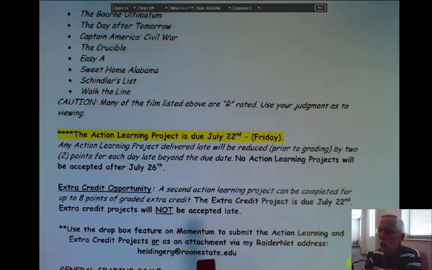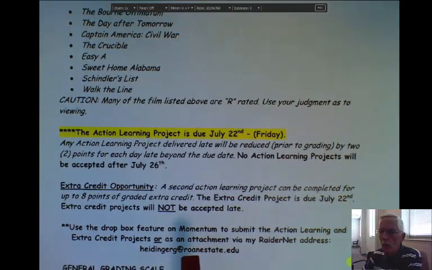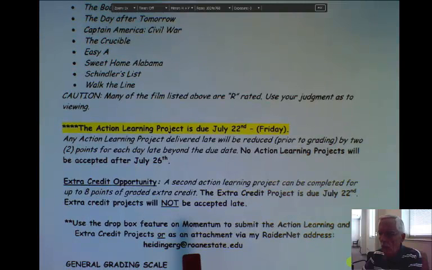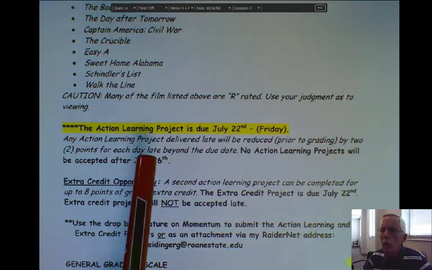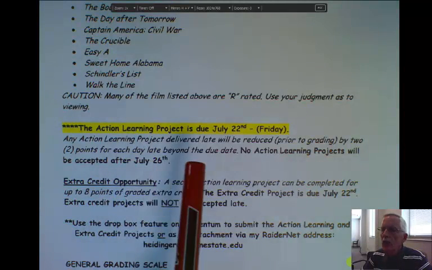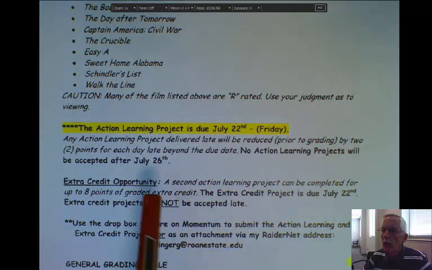You can use the Dropbox feature in Momentum, or you can send your completed project as an attachment to my RadarNet address.